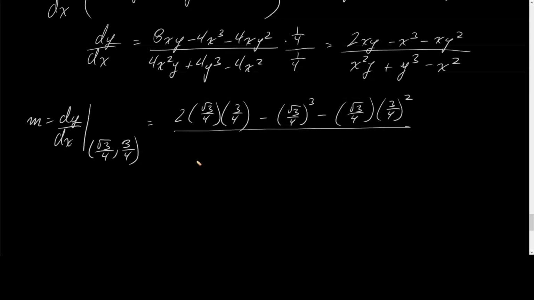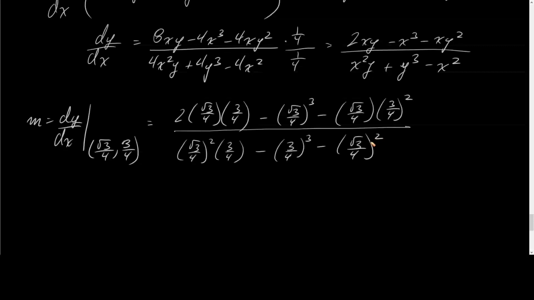All of this over, on the bottom I'm going to have radical 3/4 squared times 3/4 minus radical 3/4. That's not true. We're plugging in y, so just 3/4. 3/4 cubed minus radical 3/4 squared.